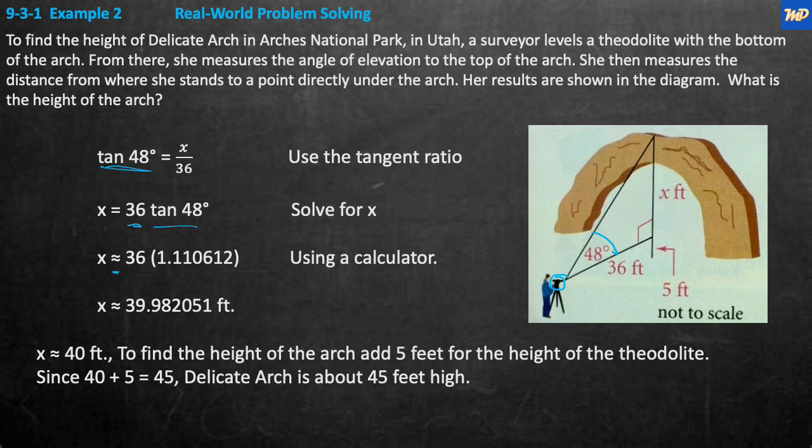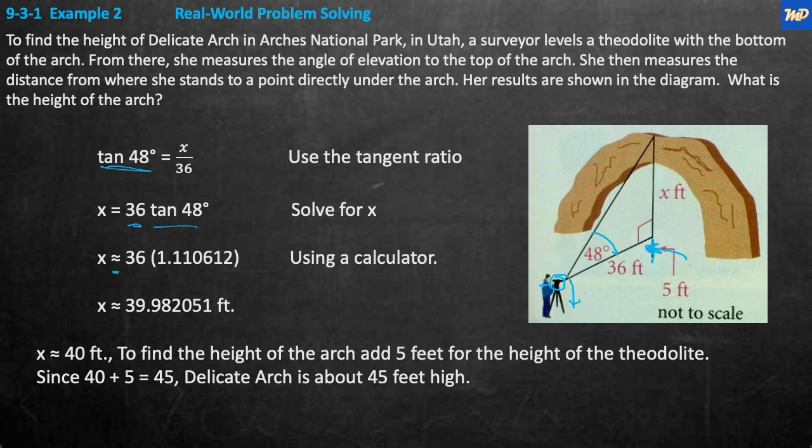But is it the complete arch? Well, no, because we also see that they pointed out, and you'll see this in a number of problems as you go forward in mathematics, that you've got this leg standing down. That's the height of the theodolite from the ground, which is 5 feet.